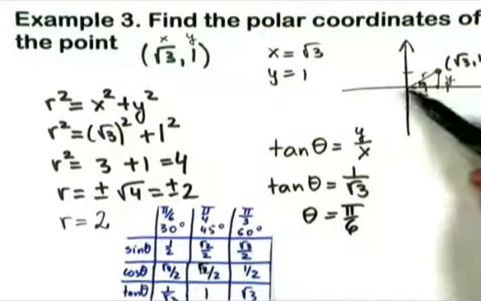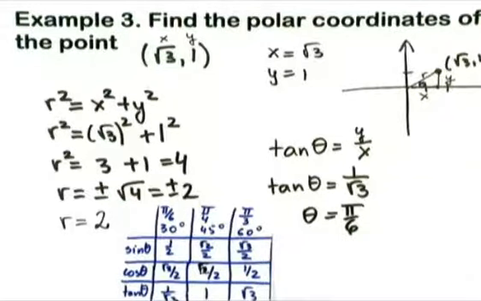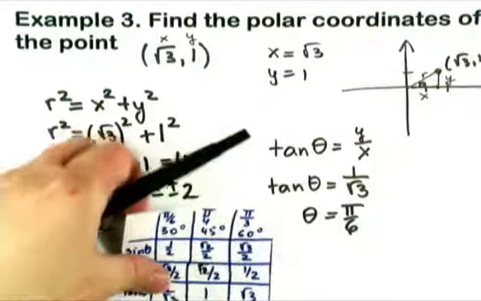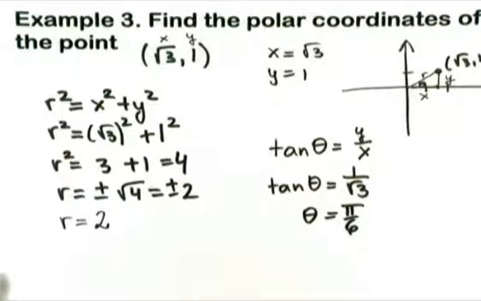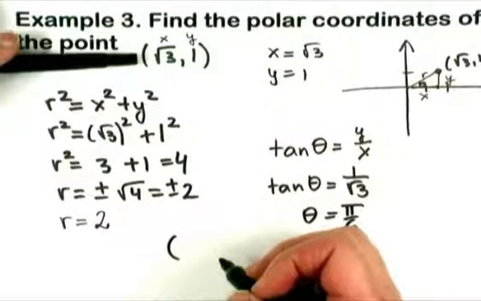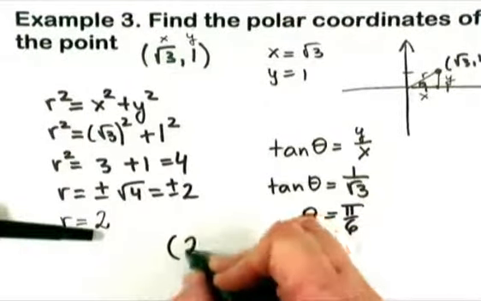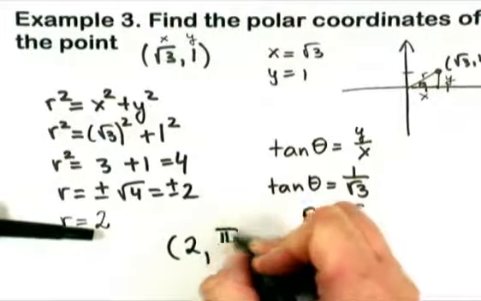Since we are in the first quadrant, the chart is always giving us the reference angle, which is the first quadrant angle. So the polar coordinates of my given point are r and theta, which is 2 and pi over 6.